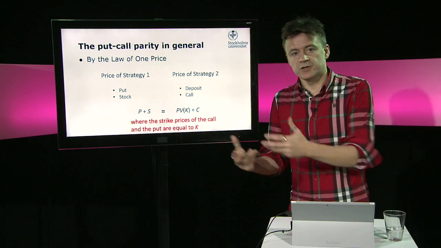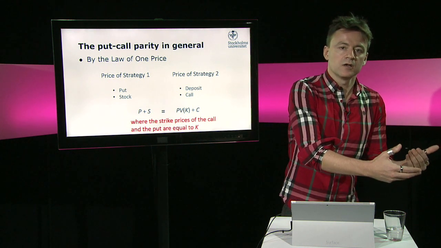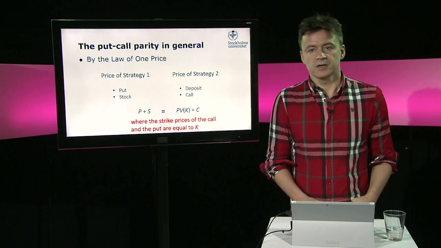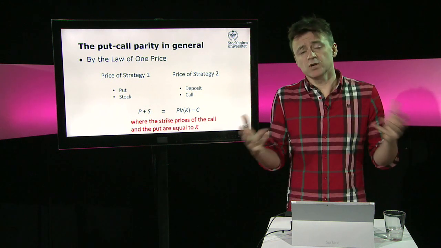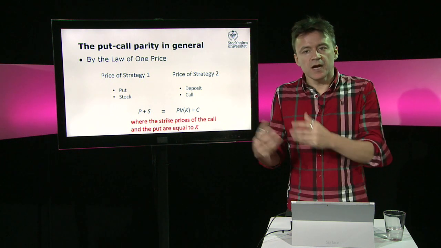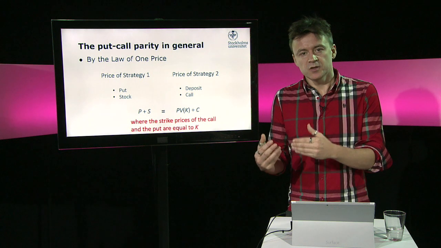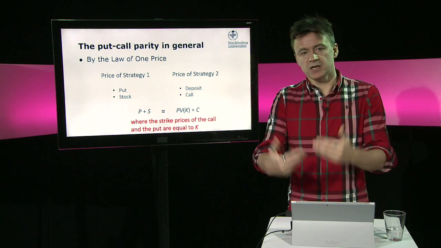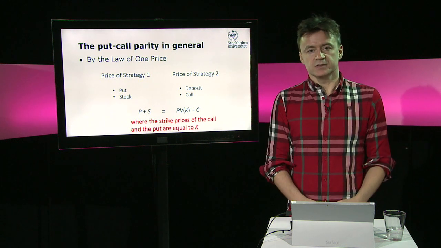And vice versa. If we know the price of the call and the price of the stock, and of course the interest rate, then we can figure out the price of the put, which has the same maturity, same underlying, and same strike price.